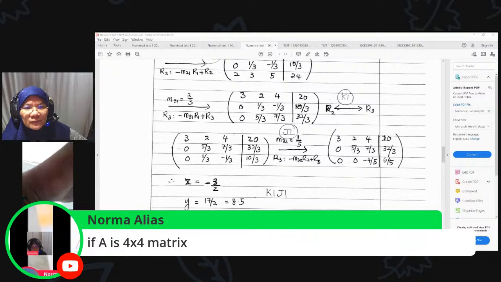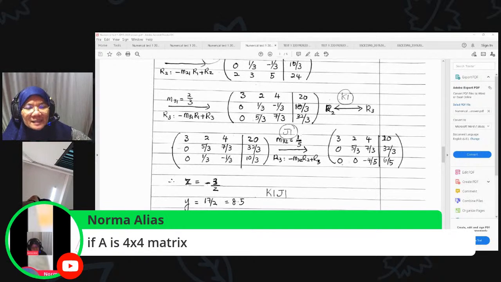Row 1: 1, 2, 3, 4, 5, 6, 7, 8, 9, 10, 11, 12, 13, 14, 15. The second is 1, 2, 3, 4, and again 1, 2, 3, 4, and 1, 2, 3, 4. So 4 times 3 is 12, plus 15.